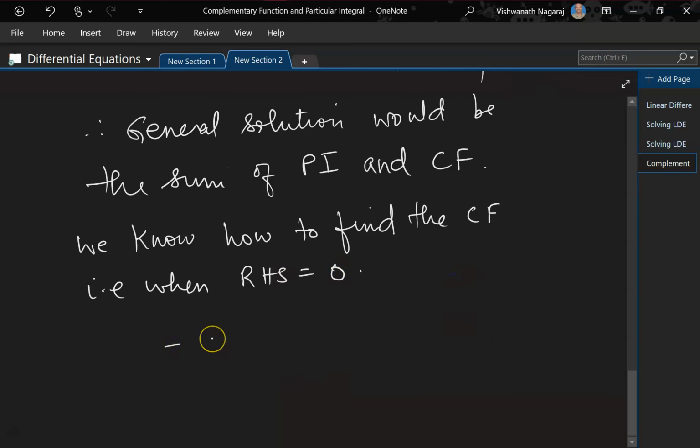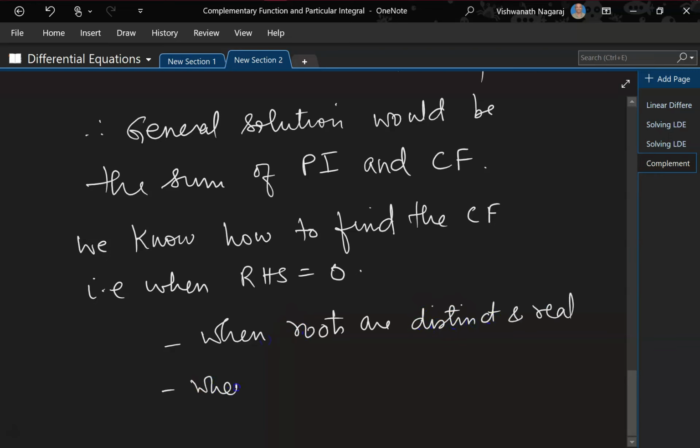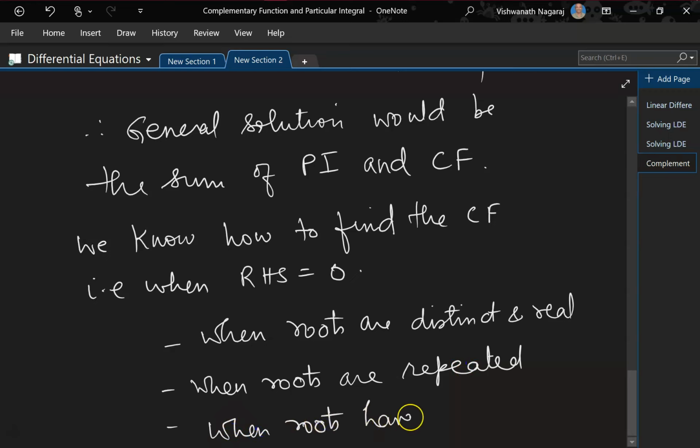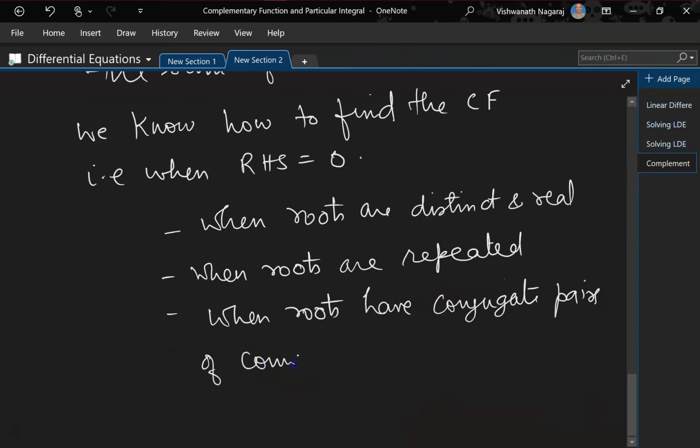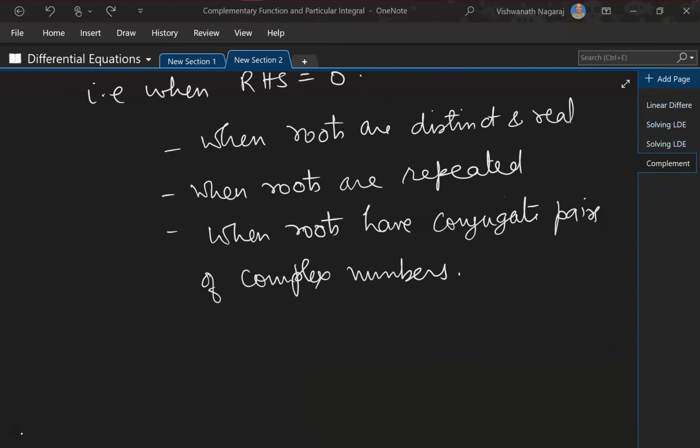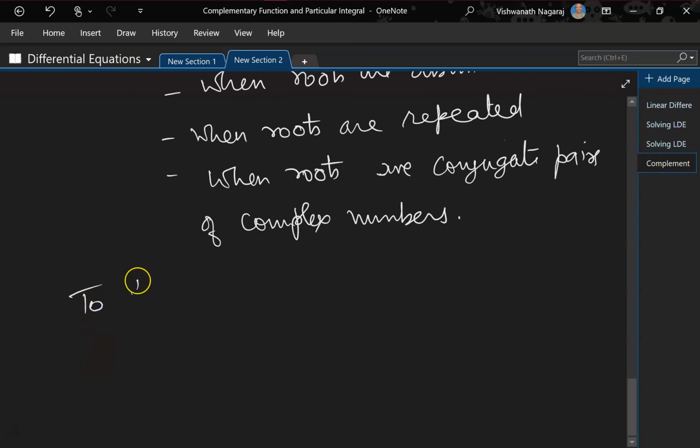Again we have seen three cases: when roots are distinct and real, when roots are repeated, when roots are conjugate pairs of complex numbers. Now we have to figure out the particular integral.